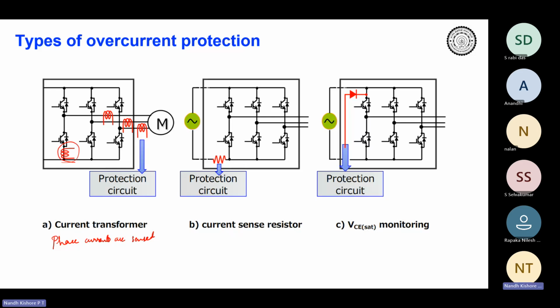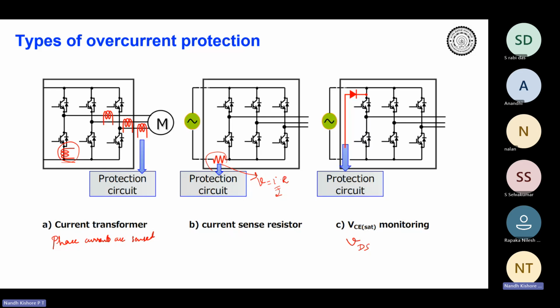The other way is to use a current sense resistor. That is, just add a resistor over here. Therefore, if you sense the voltage across the resistor, V is basically I into R. You know the resistance value, therefore you will know what is I if you sense the voltage. Correct? If the voltage increases beyond a particular level, again it's a problem. It means that there is some overcurrent. Or you can also sense the device VCE, or in case of MOSFET, you can sense VDS. So you sense the voltage across the device, correct?